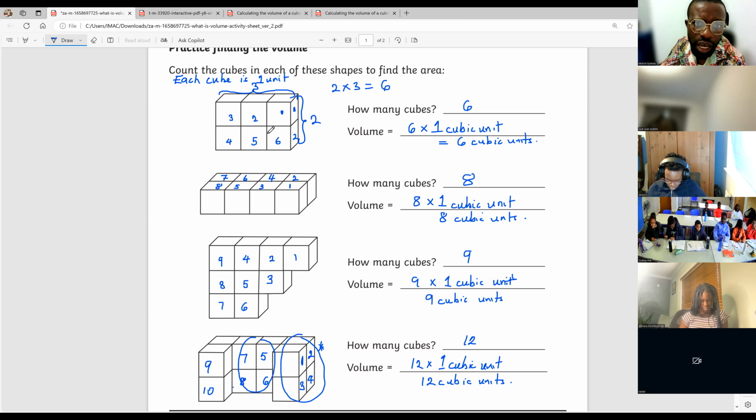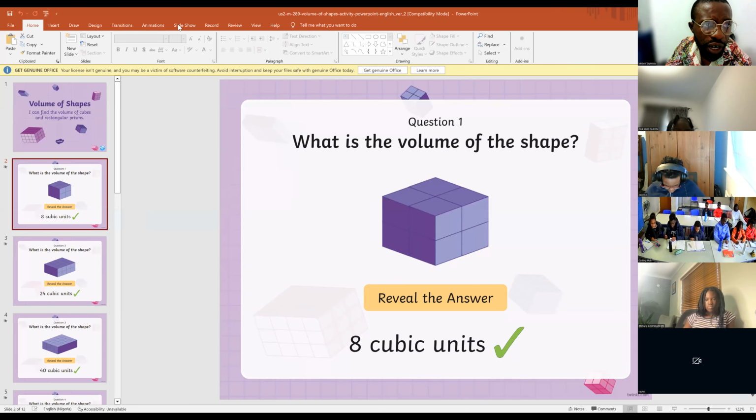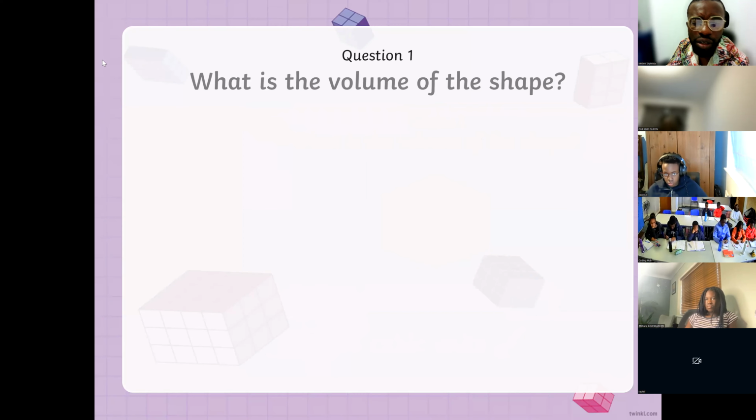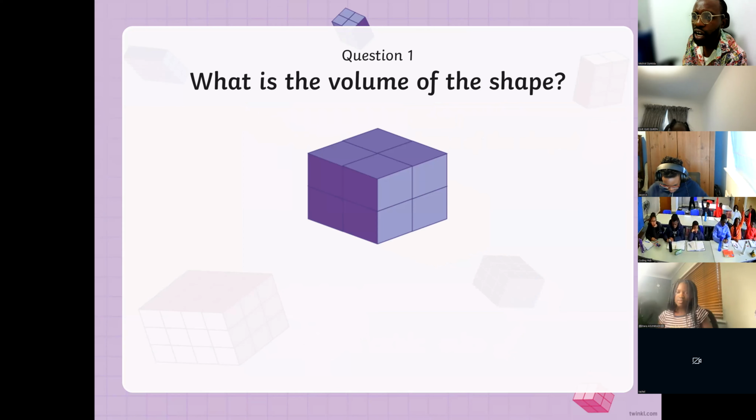So guys, this is going to be a quick work before I give you what to do finally, right? So what is the volume of the shape? Who is going to tell us?